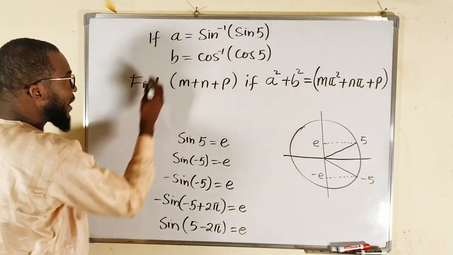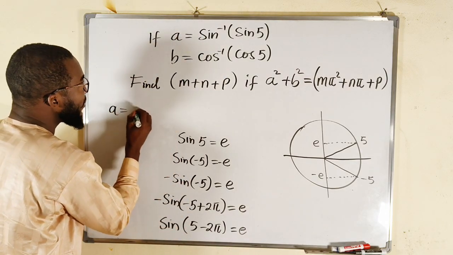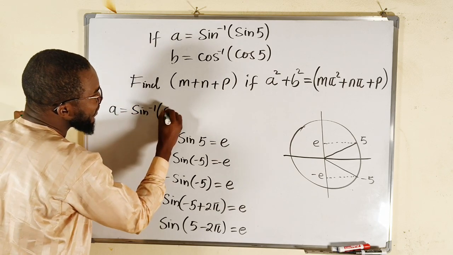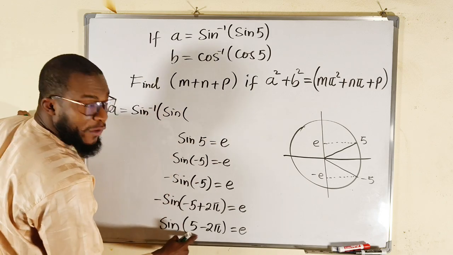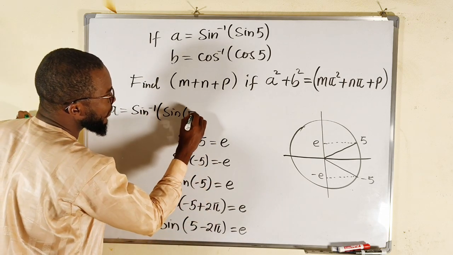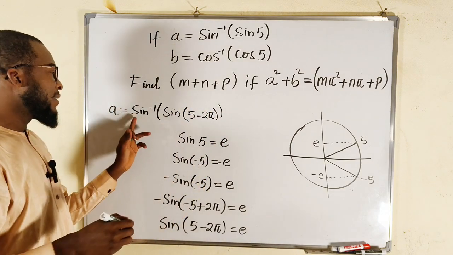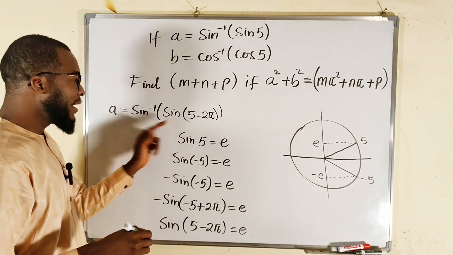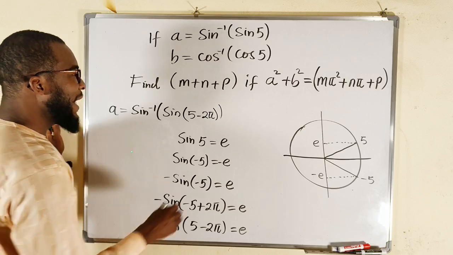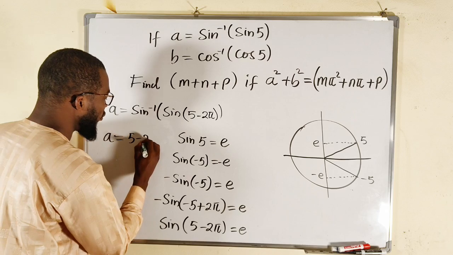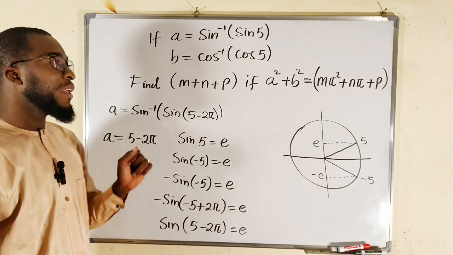So A from that equation is equal to sine inverse of sine of 5 minus 2 pi. This is just logic. And sine inverse will cancel sine, which means that A must be equal to 5 minus 2 pi. We are done with A.